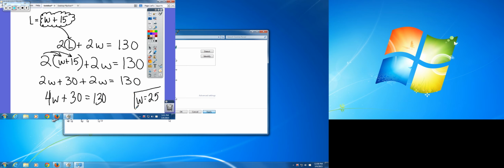Now if W is equal to 25, what's the length? Length is equal to W plus 15, that's 40.